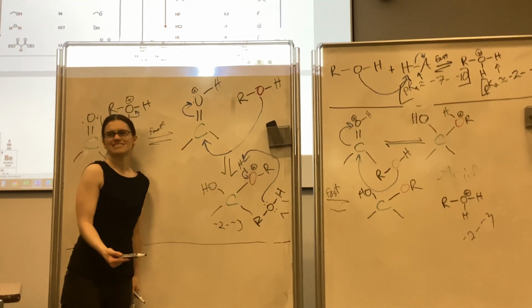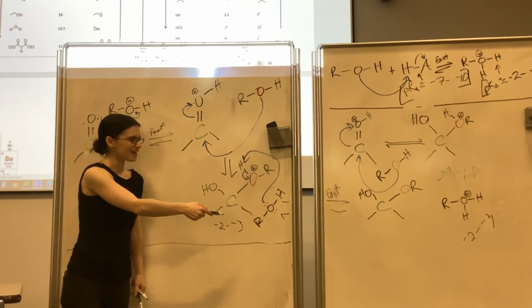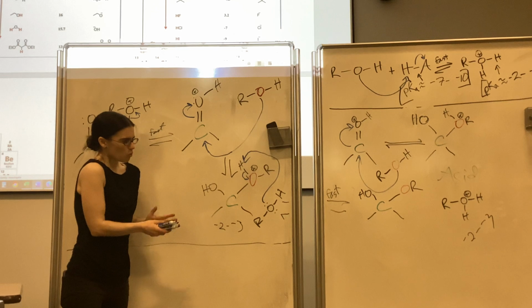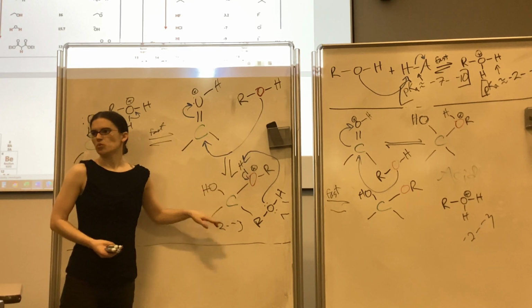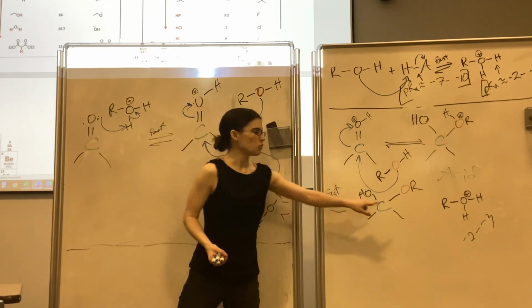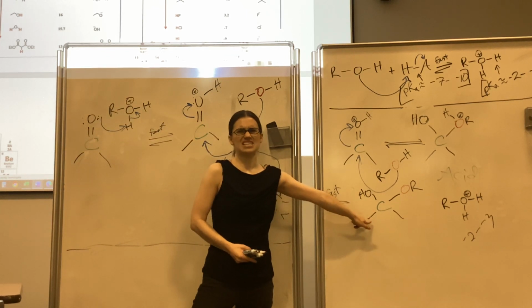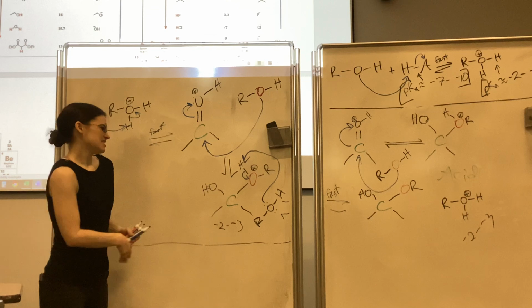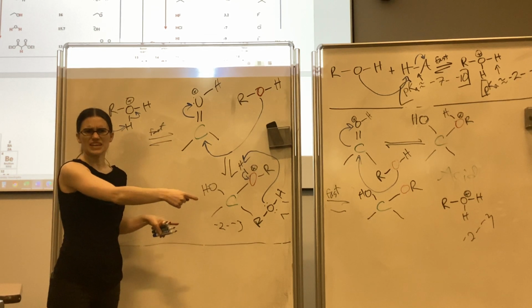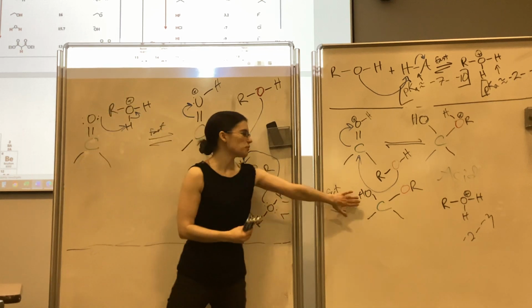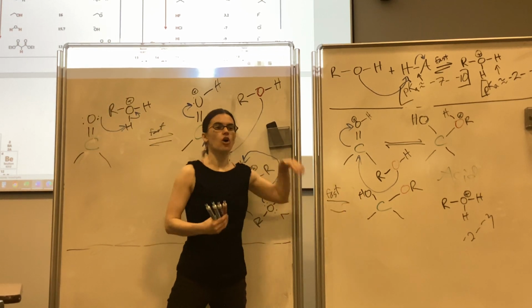So this is one of those things where this is in equilibrium. We just do this step to show you we've completed this guy. Neither side is necessarily favored, but we're trying to show that we can make this in the end, so we have to show all the steps to get there.